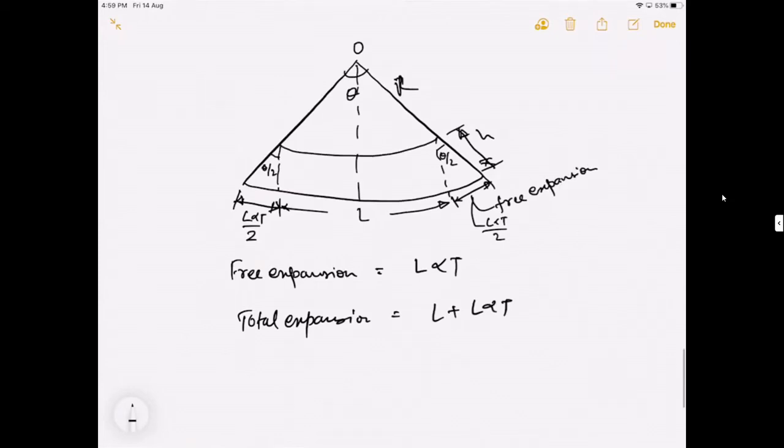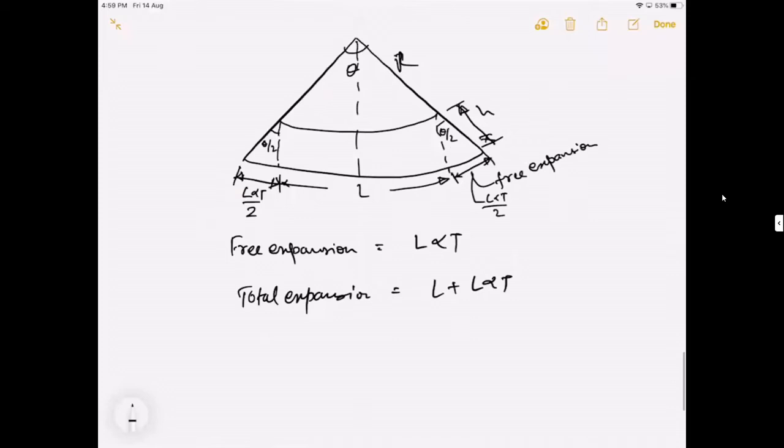Now if you see the geometry and apply the arc equation for circle, we know that theta is nothing but arc length divided by radius. So what is my arc length?